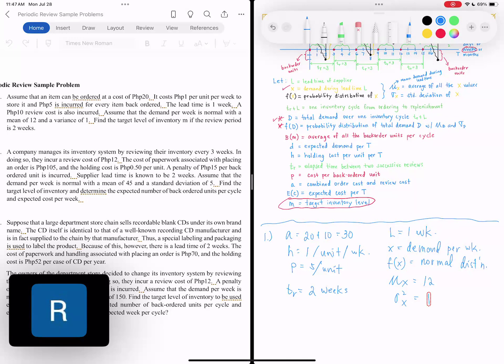What I suggest when you solve periodic review problems is after you write down the given, you write down the highlight, which is capital D. Capital D is the total demand during TR plus L. As mentioned earlier, it is the total demand over one inventory cycle, TR plus L. So by definition, in this problem number 1, capital D is the total demand for how many weeks?